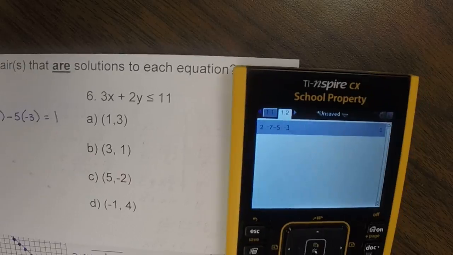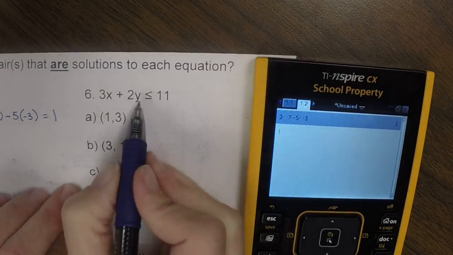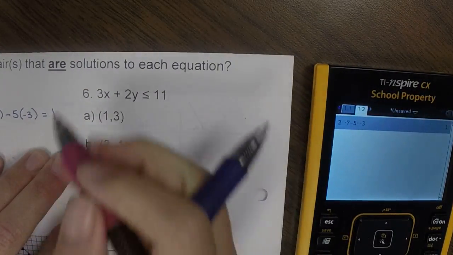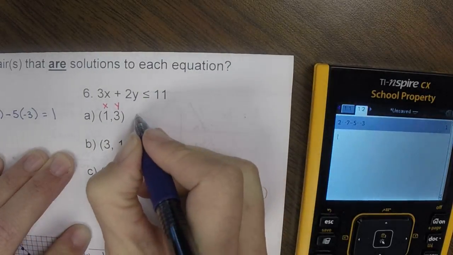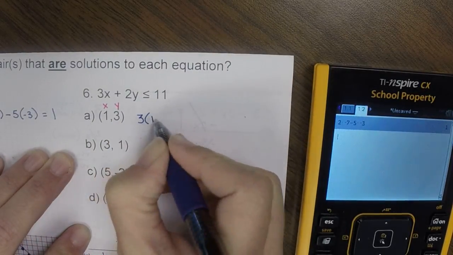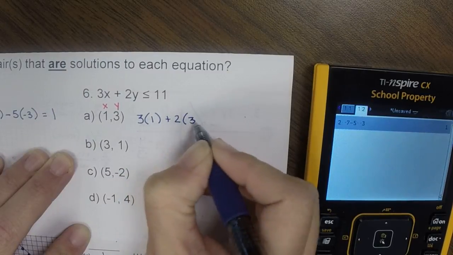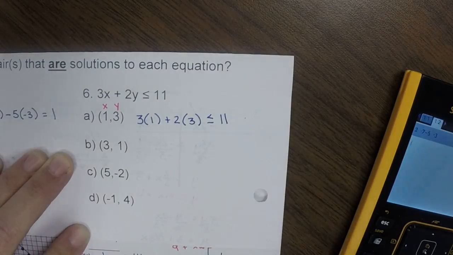All right, so then number 6 isn't much different, except for that we have that inequality. So now when we plug it in, this is still going to be the x and the y. So this would be 3, x is 1, plus 2, y is 3, and then it's supposed to be less than or equal to 11.